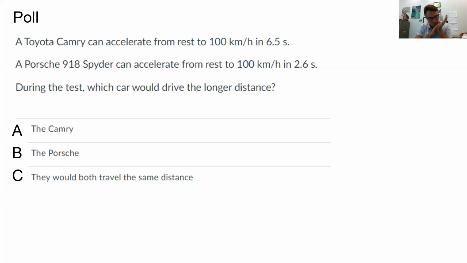So here's the question. During the test, which of these two cars would drive the longer distance? Actually, let's put it to a poll. This is kind of a weird one. A, the Camry, B, the Porsche, or C, they would both travel the same distance.